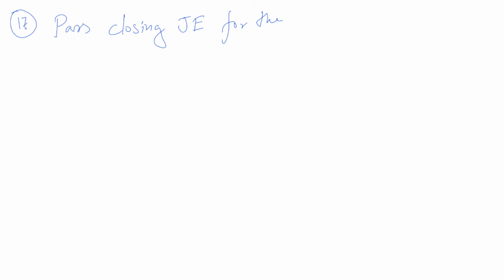So for example, in the previous case, we passed the journal entry, plus the closing journal entry for the interest on loan.